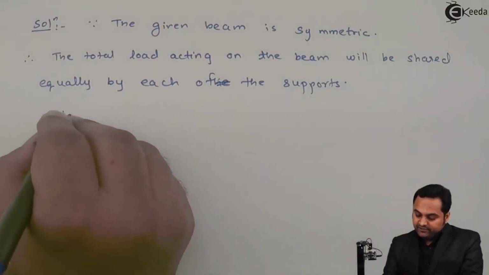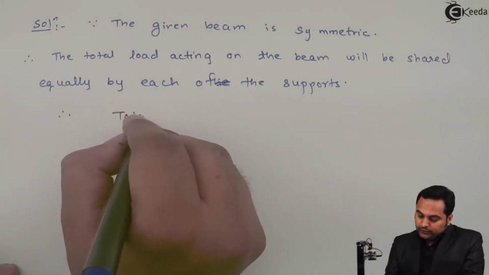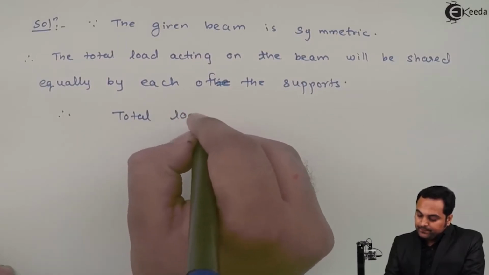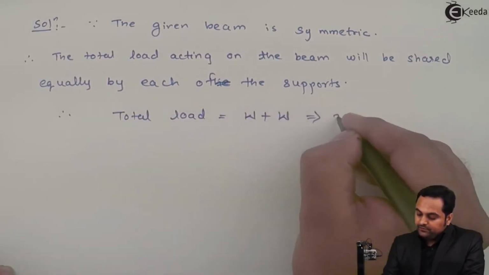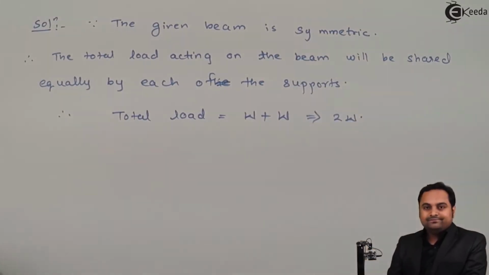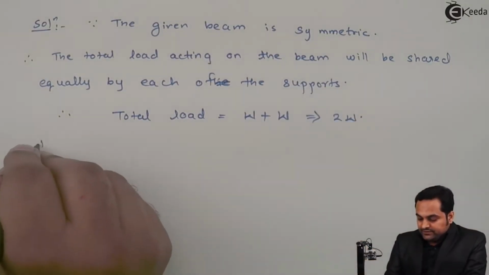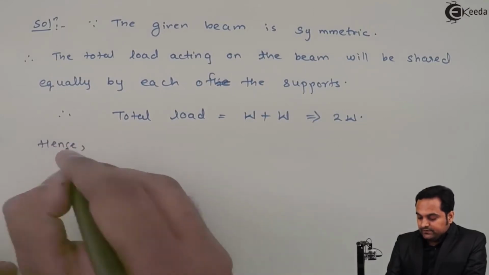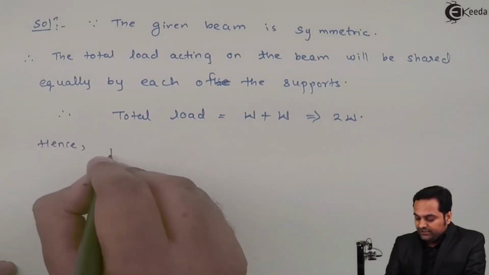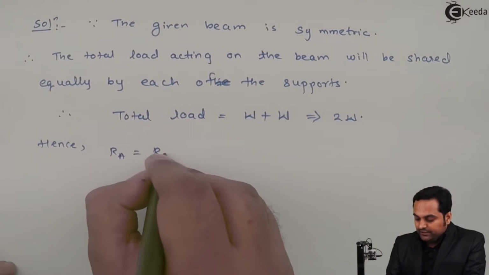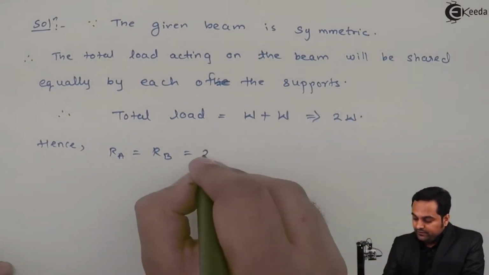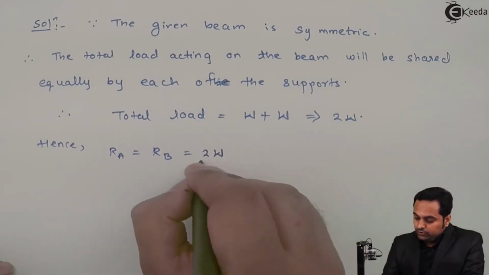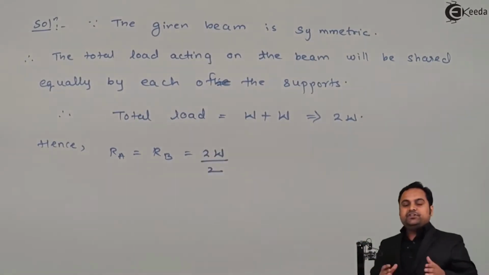So here we have, therefore, total load is equal to W plus W, that becomes 2W. Hence, I can say that this 2W will be shared equally. So RA is equal to RB, that is, reaction at A is equal to reaction at B. That will be equal to 2W by 2, because the load is shared equally.